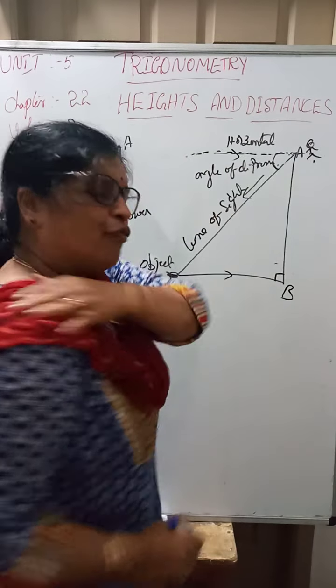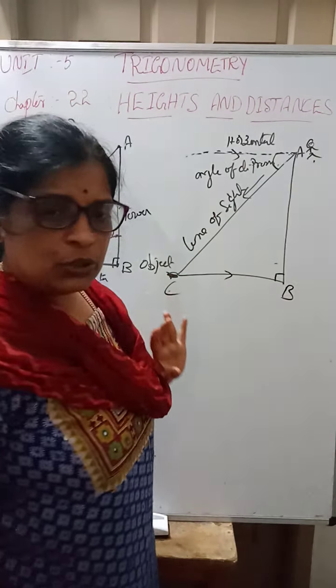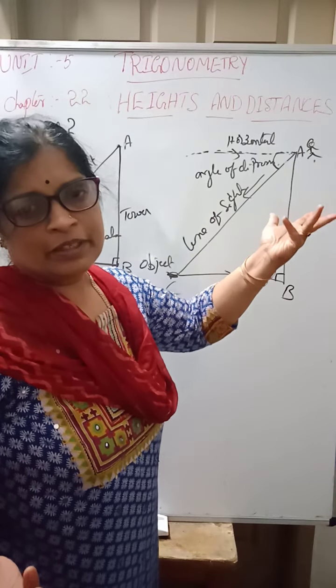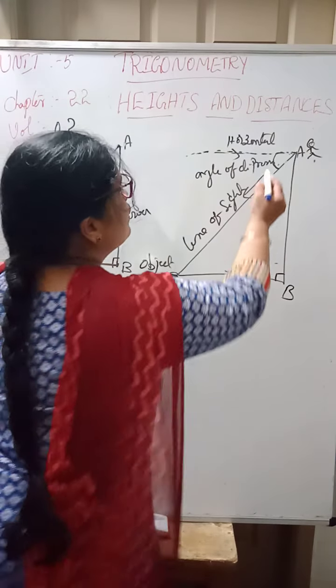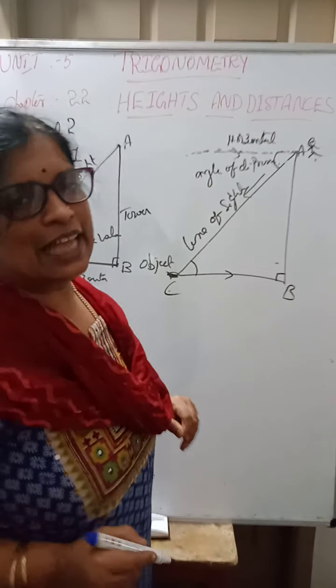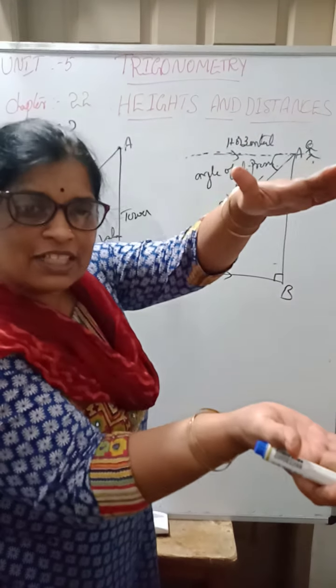Children, one thing you should know. Here these two lines are parallel to each other, so the line of sight acts as a transversal. Now this angle and this angle are alternate angles. Always the alternate angles are equal when the lines are parallel.